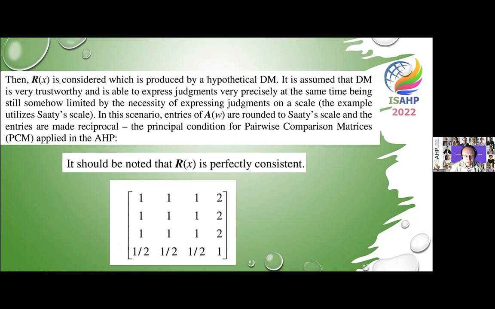Why is it rounded? Because we consider that this matrix, which represents the previous one, is produced by a hypothetical decision maker who is very trustworthy and able to express judgments very precisely, while still being limited by the necessity of expressing judgments on a scale, which must be used in AHP.